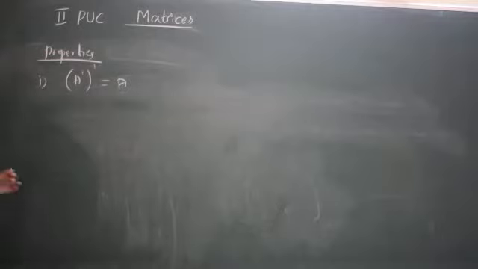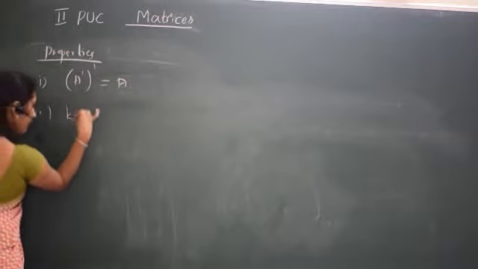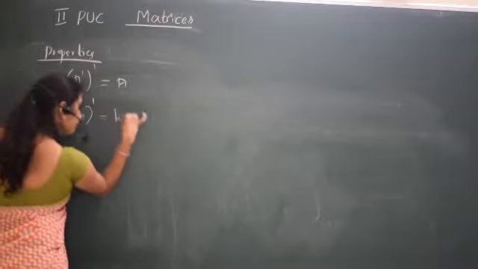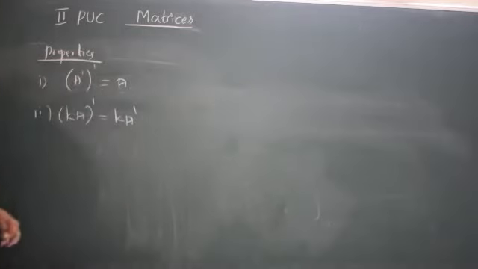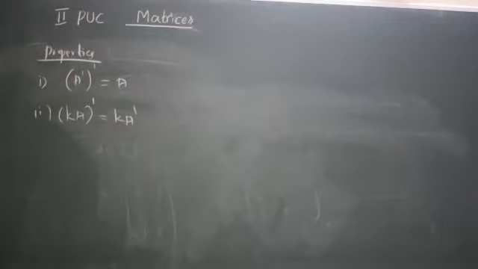So A transpose whole transpose is equal to A, and the second property is kA whole transpose is equal to k into A transpose. If a matrix is multiplied by a constant and you take the transpose of that, then it will be k into A transpose.